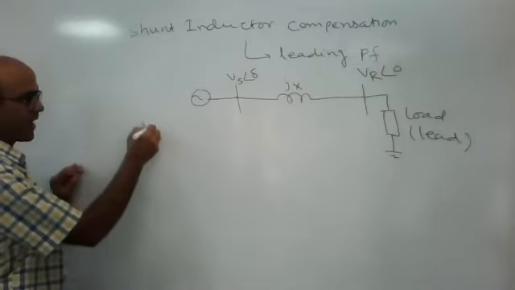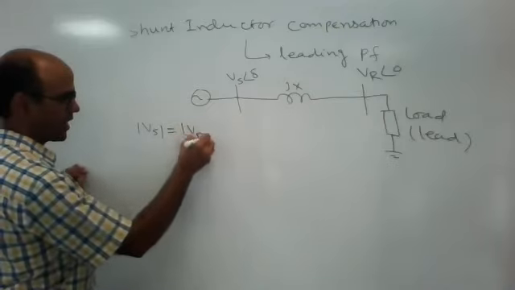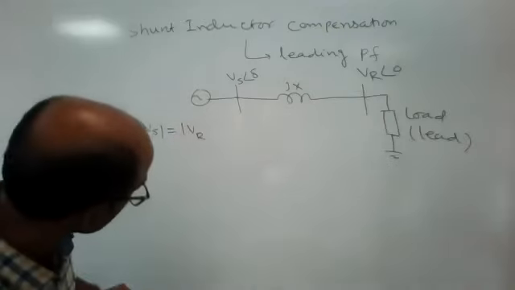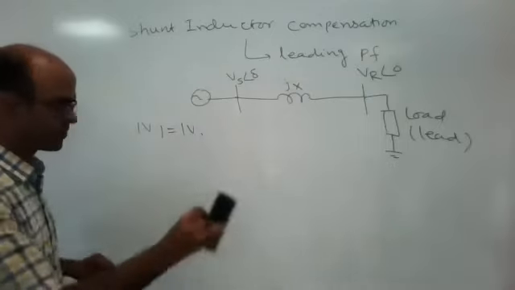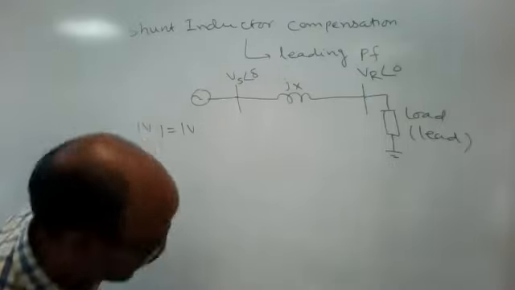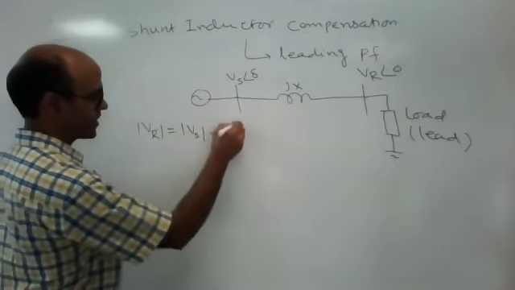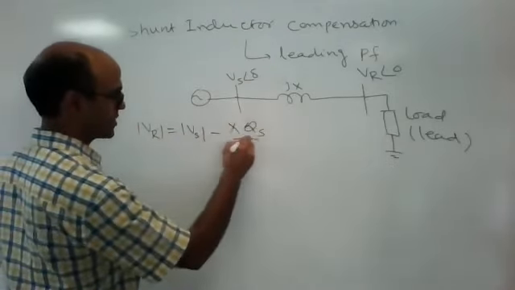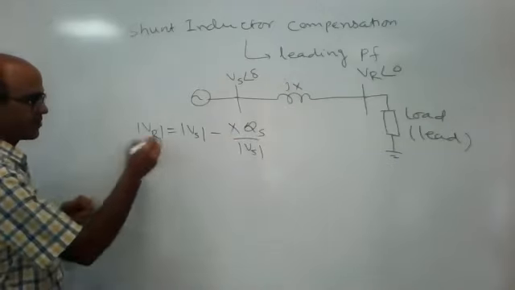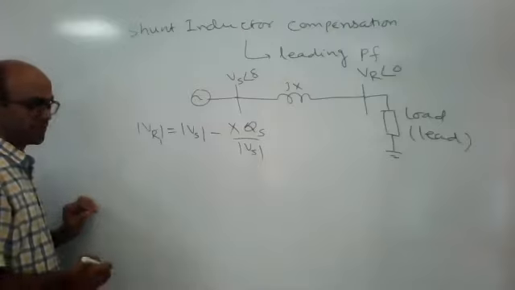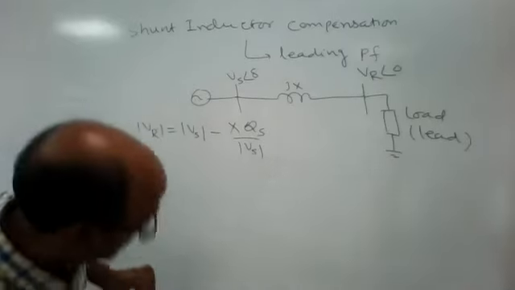I have already derived for this voltage BR equal to this expression: BR equals Vs minus X Qs divided by mod of Vs. This is the first case, BR1.